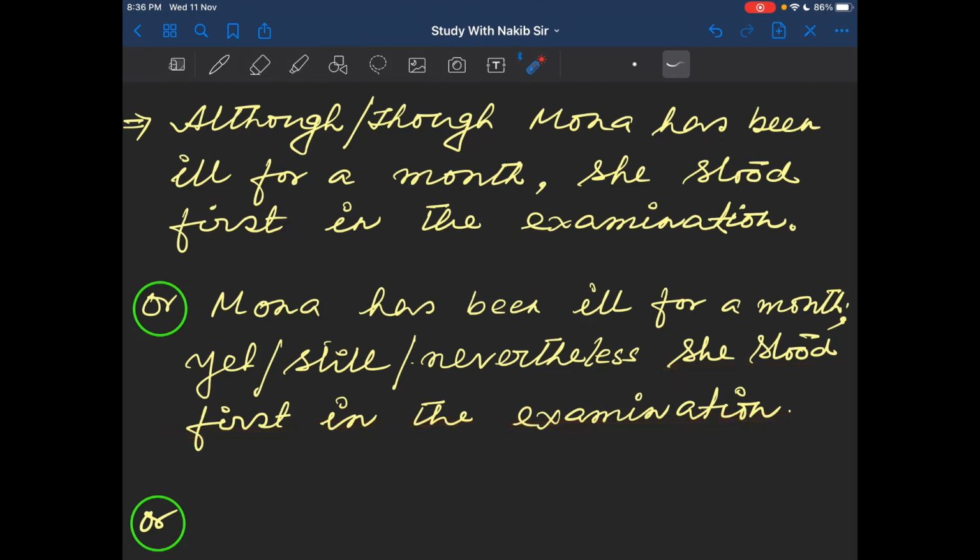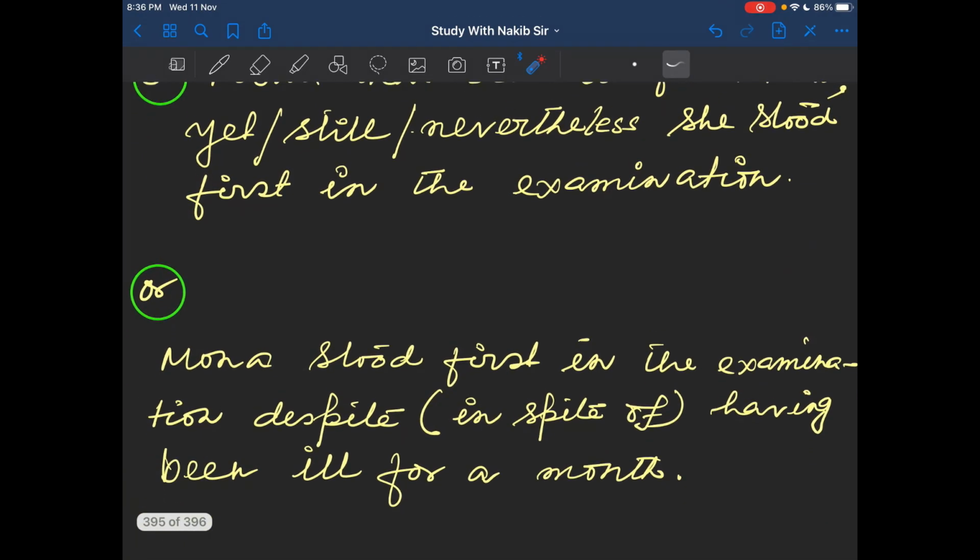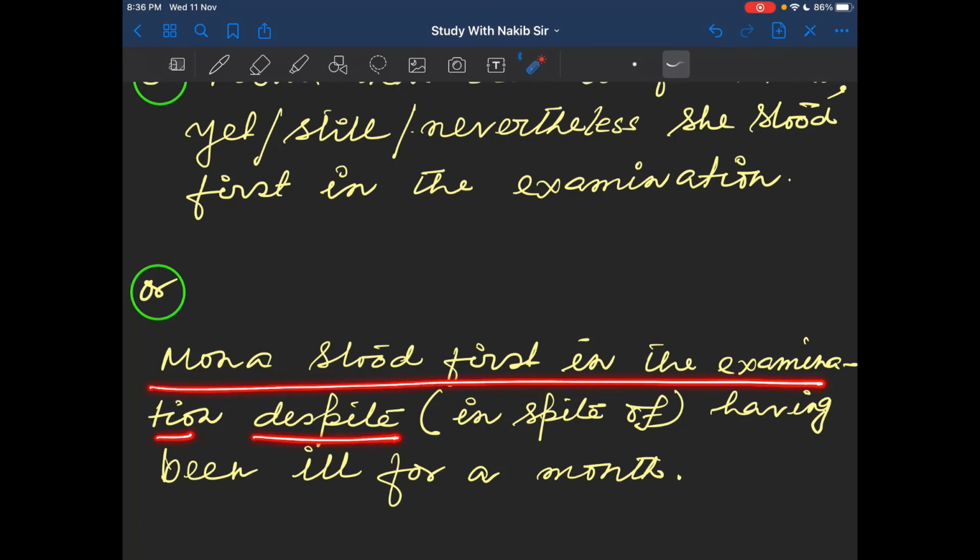The same way, still another. Or Mona stood first in the examination, despite or in spite of having been ill for a month.